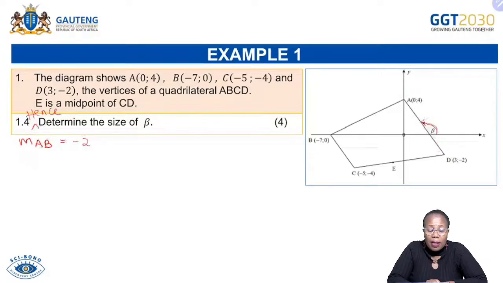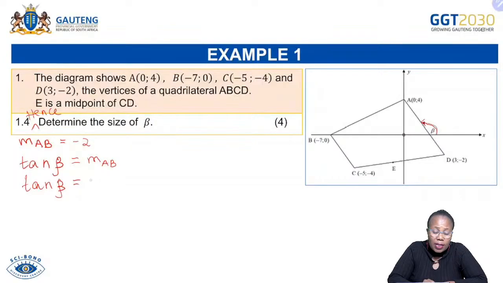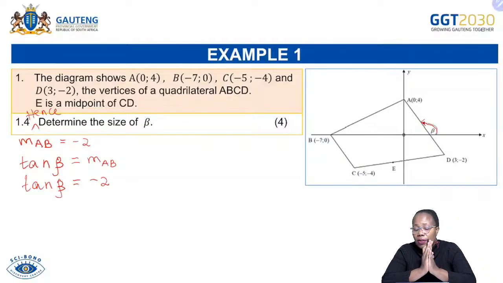Do you still remember the equation of angle of inclination? It will be tan beta now, because our angle is beta, equals the gradient M of AB. And then that is the tan of beta. Substitute the gradient -2. And then now, if it is grade 12, do not misinterpret this.